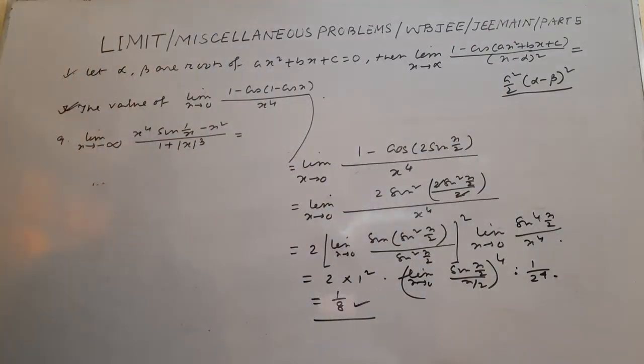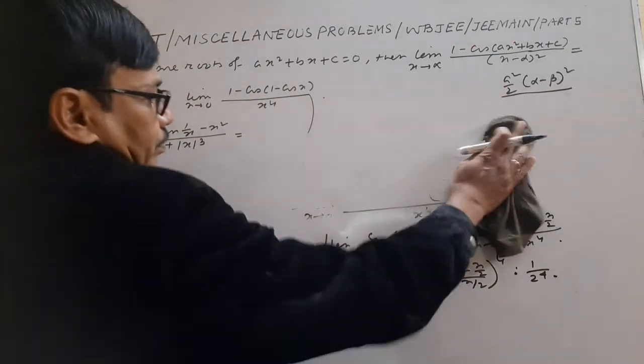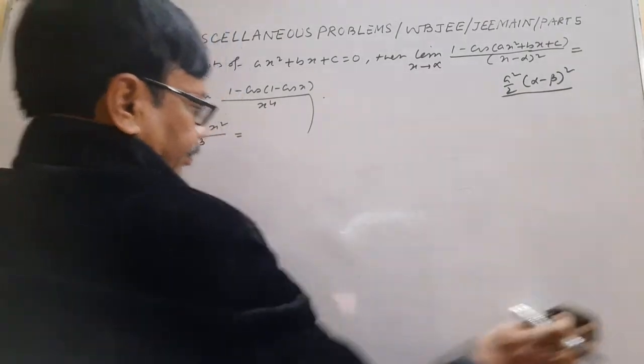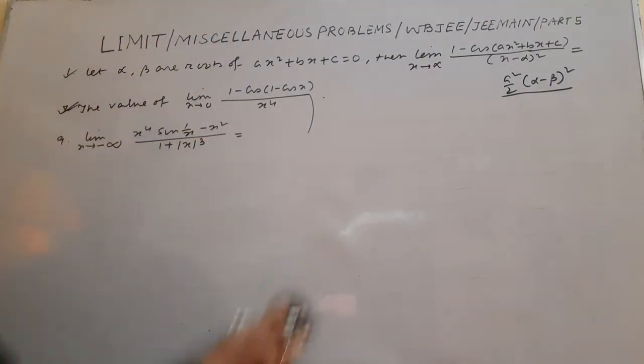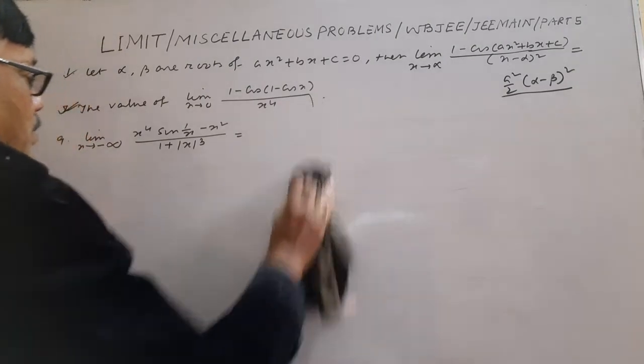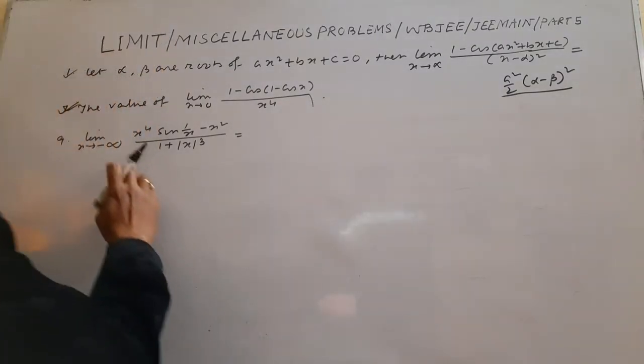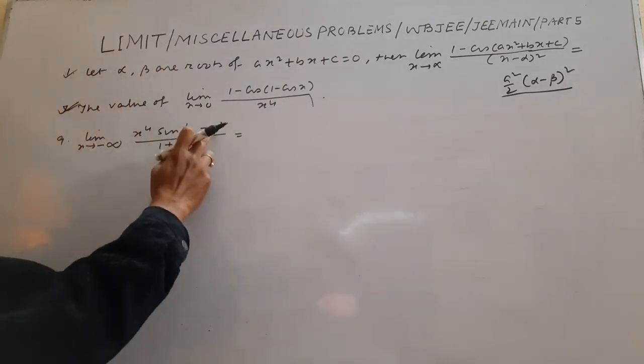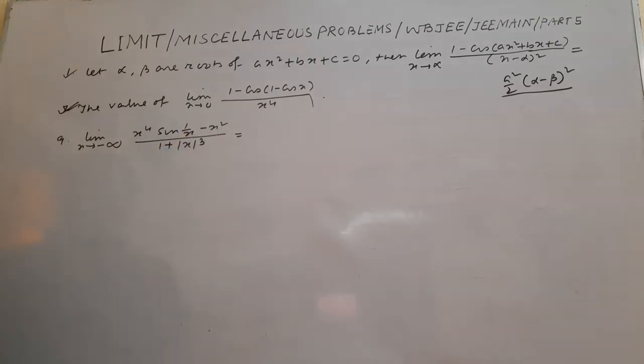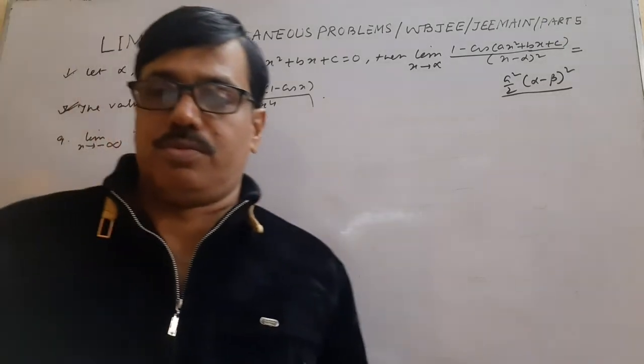Next, limit x tends to minus infinity of x to the power 4 sine 1 by x minus x square (1 plus mod x) whole cube.